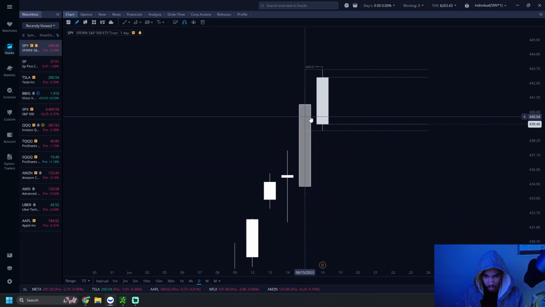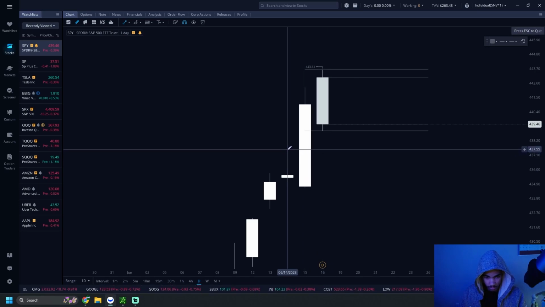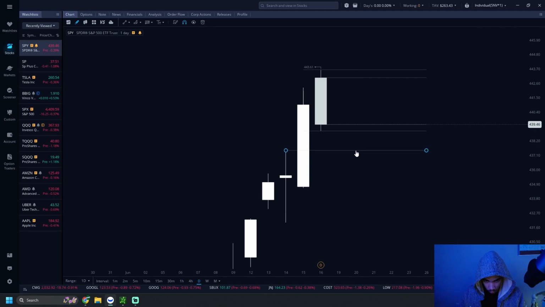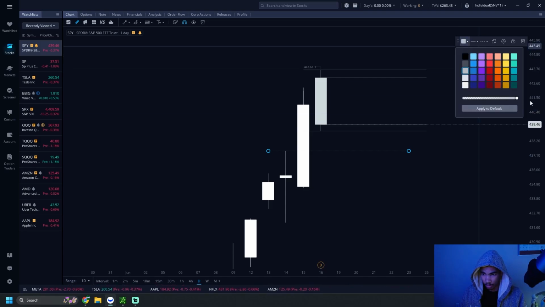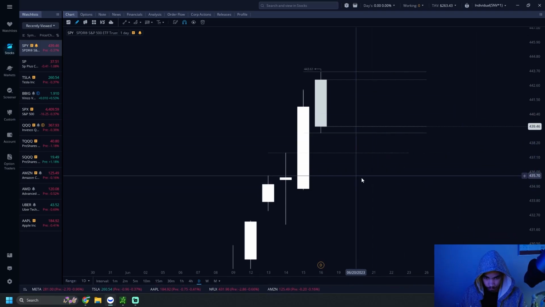And then what we can do is below previous day close, we have this little level here, top of this candle, which I will make a dotted line. Darken it a little bit.